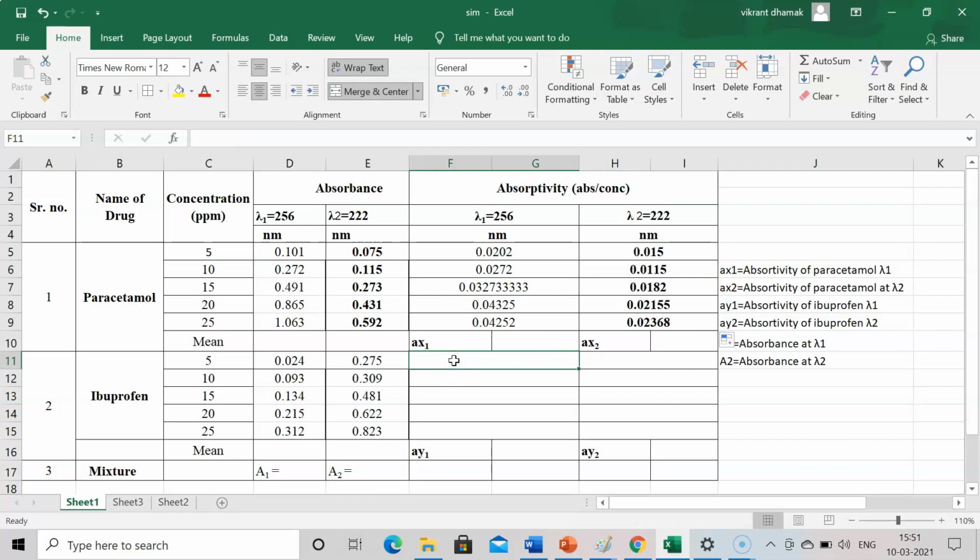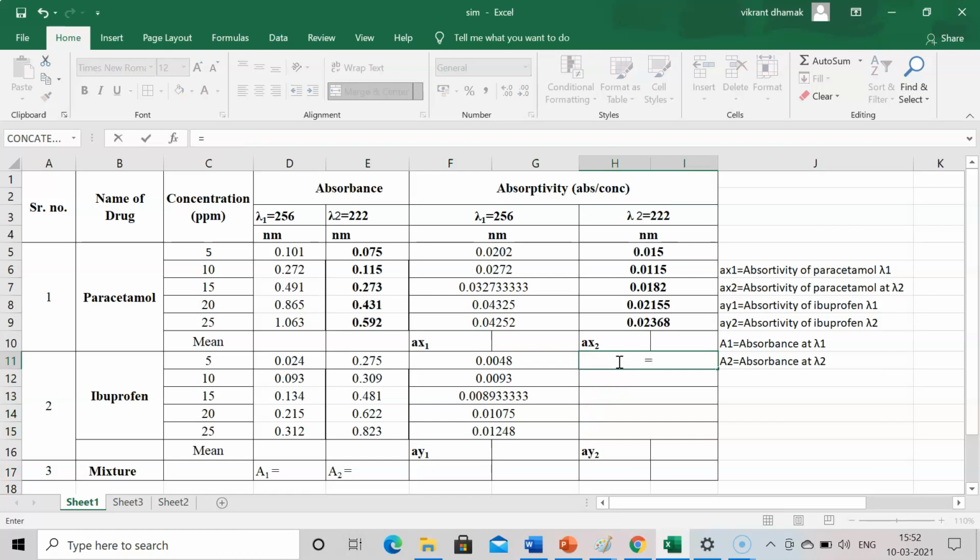After that, similarly you do for ibuprofen absorptivity, at lambda 1 and lambda 2. So select the cell, divided by, and again divided by concentration. You will get the value after enter, and scroll it.